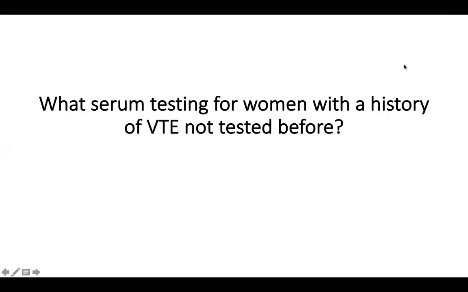So what serum testing for women with a history of VTE not tested before? So what would you want to run? This is really where you were coming from, Donna, that I didn't touch on. Next slide.